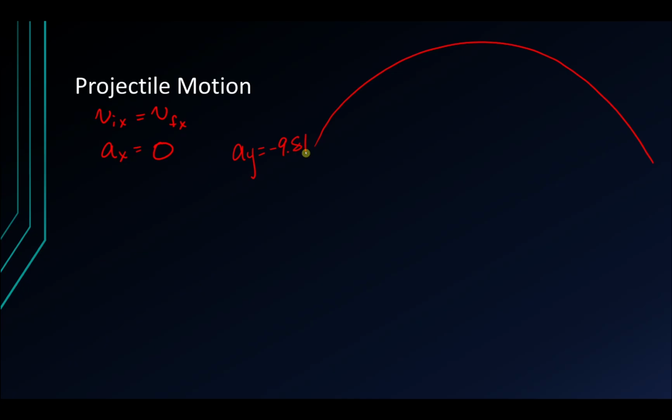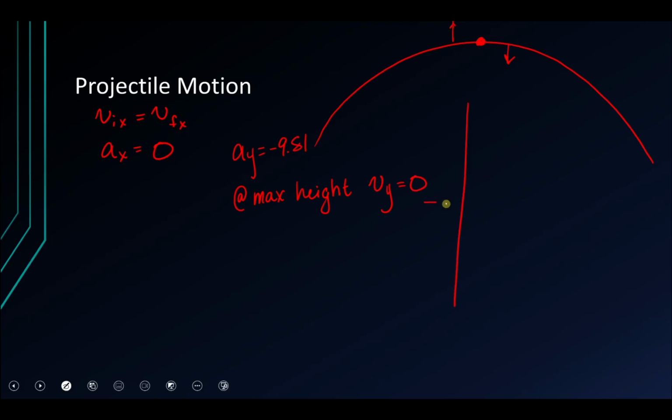The other thing that is important to remember is that at max height, my velocity in the y direction is 0. This is because my velocity vector has to change positions, right? So if I plot out my position as a function of time, right? This is y is equal to 0. So this object is going to go up, and then it is going to come back down.